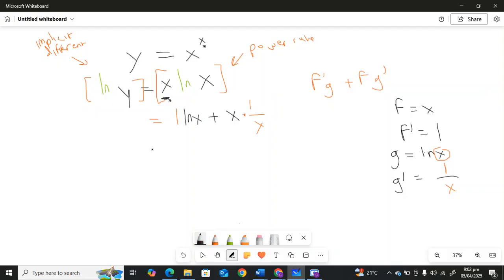And if we simplify it, it becomes natural log of x plus, these x's cancel each other, so you have a 1 here. That is on the right hand side.